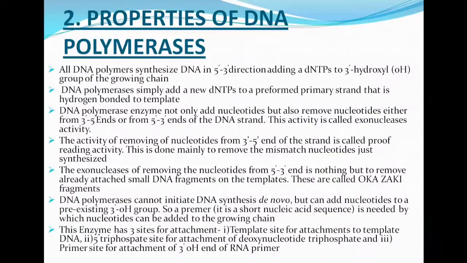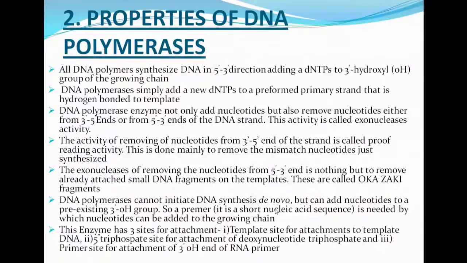And as far as another important property, these DNA polymerases cannot initiate DNA synthesis de novo. That means they cannot initiate by themselves. They require a short form of nucleic acid, which is called a primer.